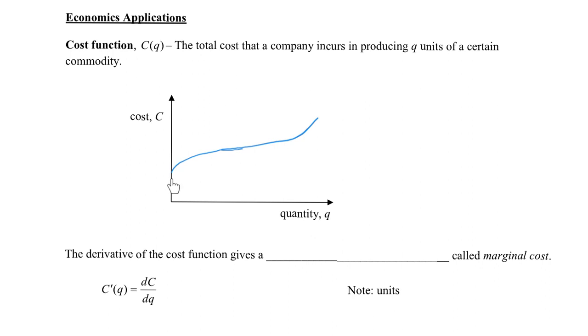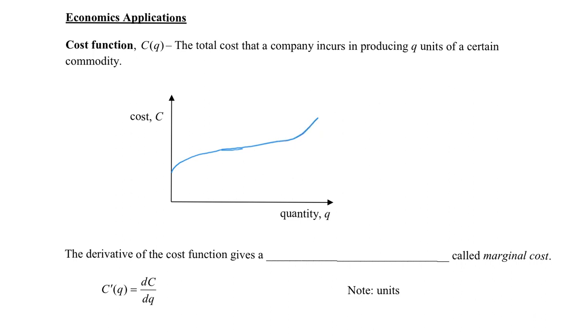So you still have to pay rent on the building, for instance, or electricity, even if you're not making anything. And then as the quantity increases, the cost, of course, increases. It takes material to make the products, it takes labor to make the products, and then sometimes with the typical cost function, it'll shoot up here.